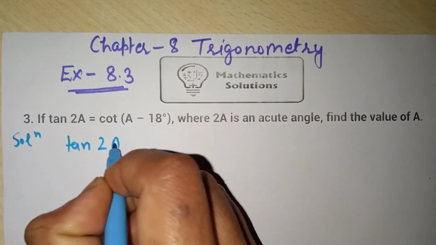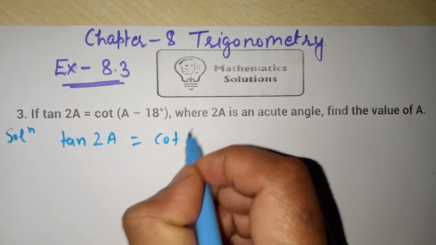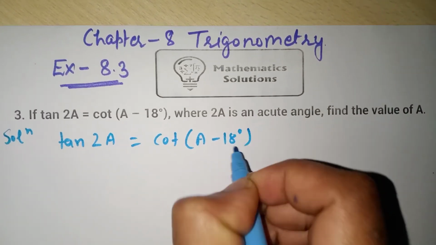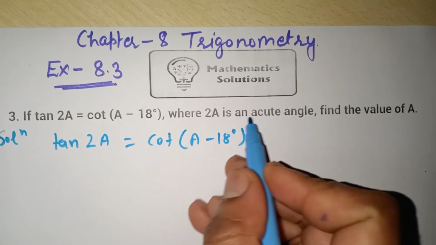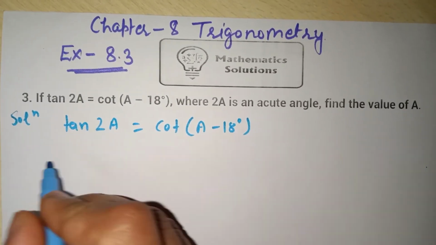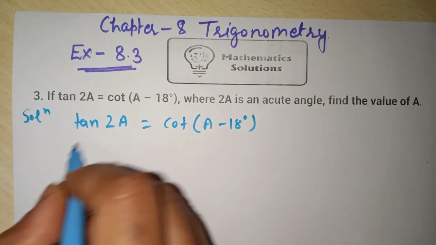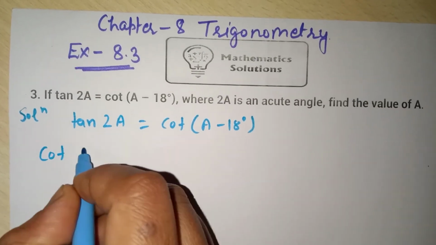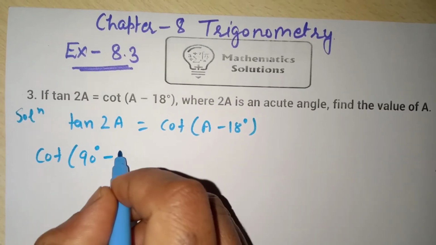tan 2A is equal to cot(A minus 18 degree). Now 2A is an acute angle, so acute angle means the angle greater than 0 and less than 90 degree. So can we write tan 2A as cot(90 degree minus 2A)?